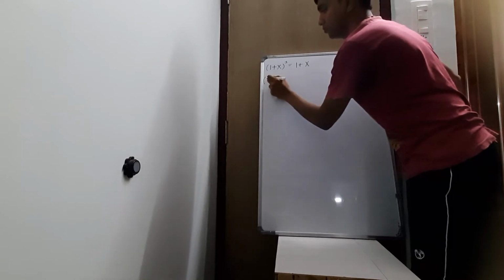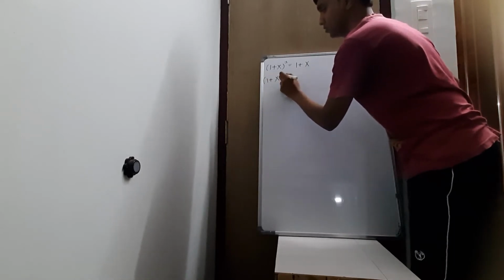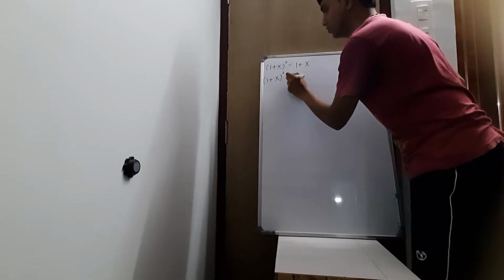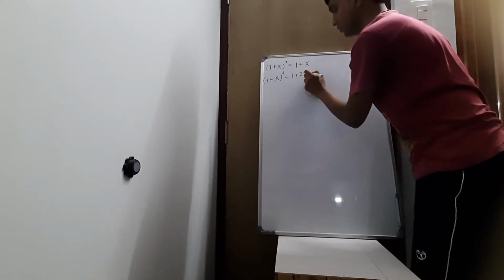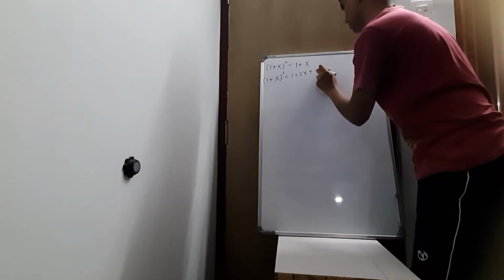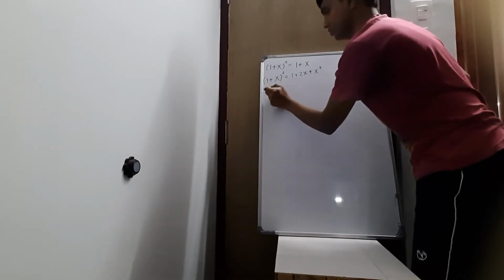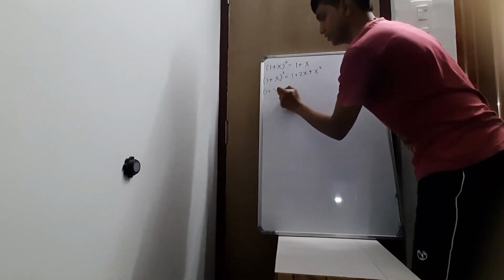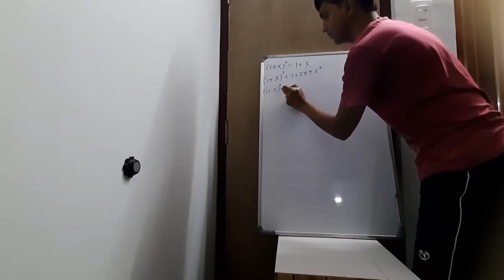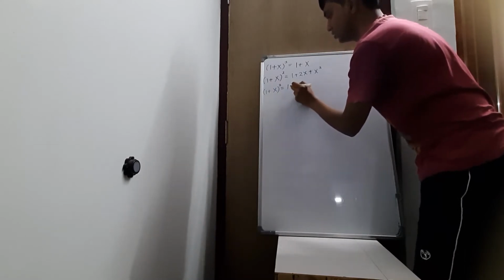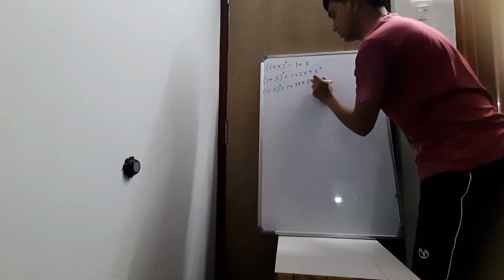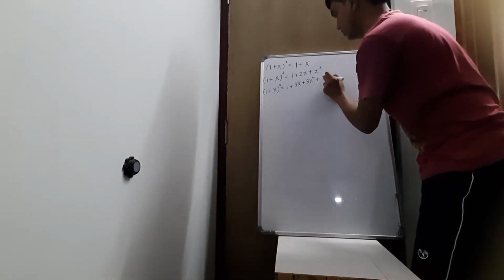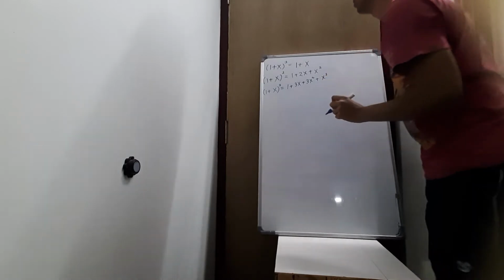And what is (1 plus x) to the power 2? It's simply 1 plus 2 times x plus x square. And what is (1 plus x) to the power 3? It's simply 1 plus 3 times x plus 3 times x square plus x to the power 3, right?